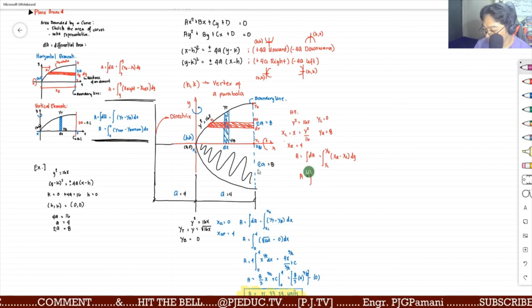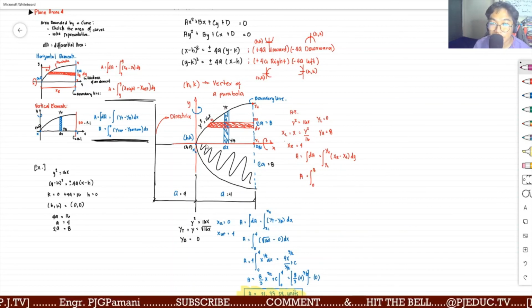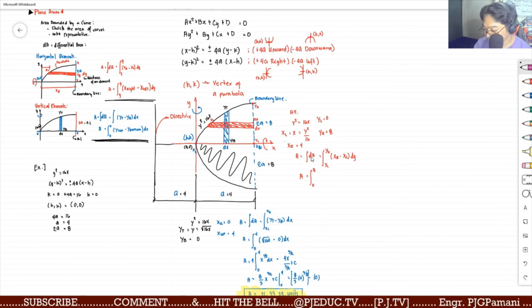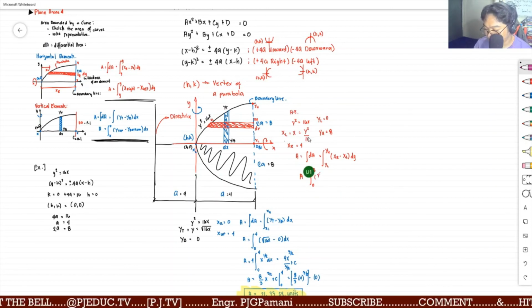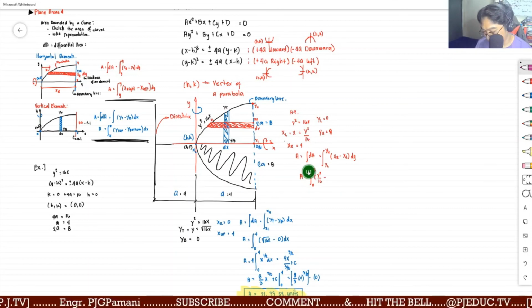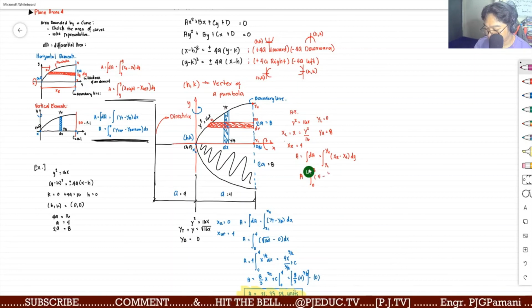So substitute lang natin 0, 8. Mapapansin nyo yung mga ordinates natin, yung mga upper and lower limit natin are in terms of y-axis ordinates. X right is the equation of the curve in terms of x-axis. That is y squared over 16 minus, x right pala. X right is 4, x left is y squared over 16 dy.